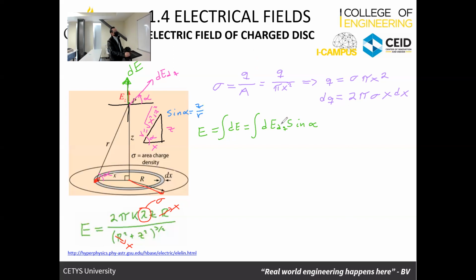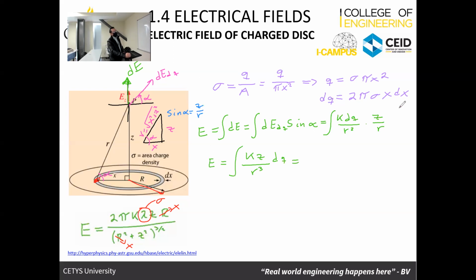So substituting all of that here, we know that this is going to be the integral. dE dQ is going to be k dQ divided by r squared multiplied by z divided by r. And this gives us a very similar representation to the ones we had before. The integral of k z divided by r to the 3 dQ.